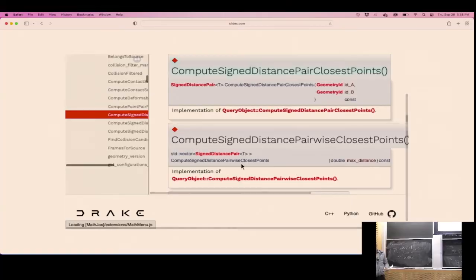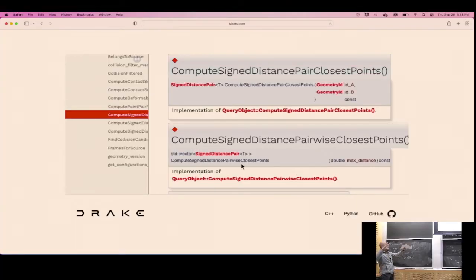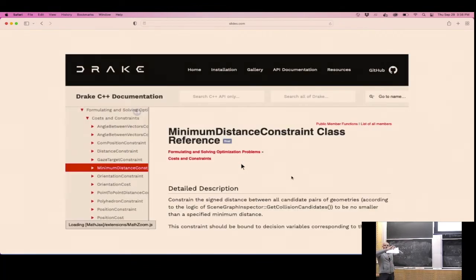So you can compute the signed distance of closest points between two bodies. That's a query that you can just ask the geometry engine for. And even better, you can just say, I want the distance between two bodies to be at least some distance. There's actually a bunch of details inside there to try to make that good for solvers. The computational geometry of doing those queries is subtle, and I'll talk a bit about it next week when we talk about simulation.